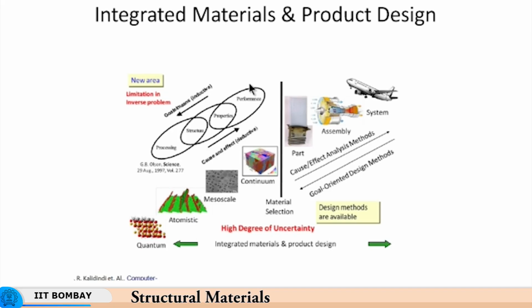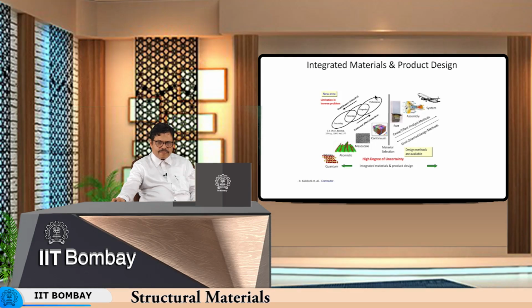So, at this point you select the material, where it exists as a continuum, and then you make the part out of it, assemble it, and then the system takes off.